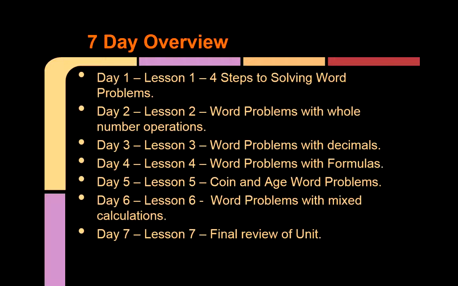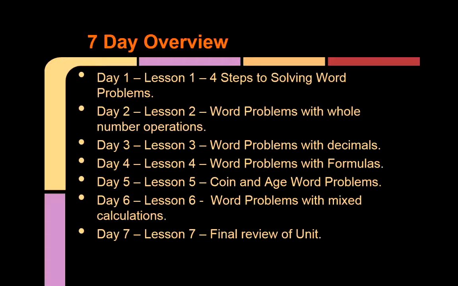This is the 7-day overview of the unit. As you can see, the first day is basically introducing the students to the 4 steps they'll use to solve word problems. Day 2 is word problems with whole number operations. Day 3 is word problems with decimals. Day 4 is word problems with formulas.